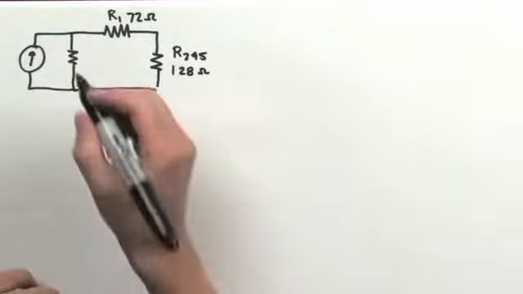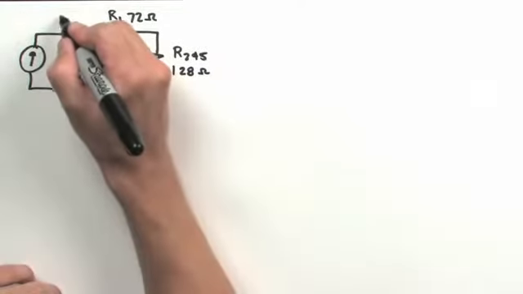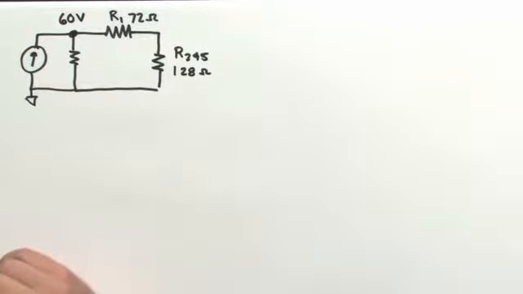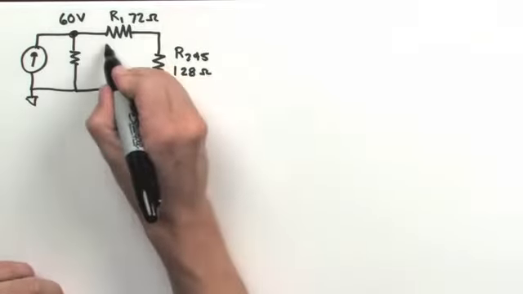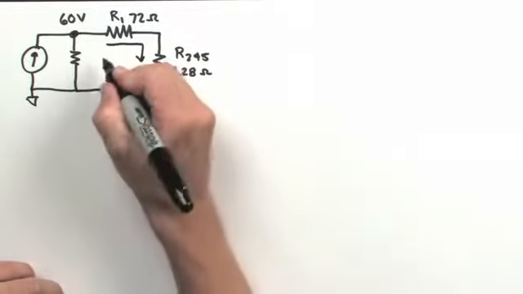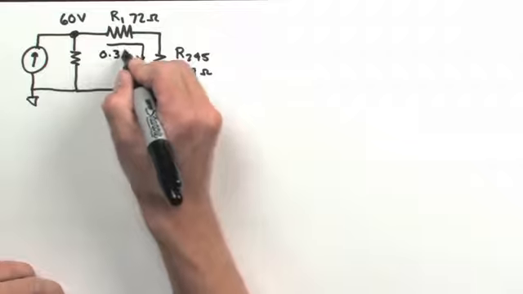From my previous calculation, I know that at this node we have 60 volts worth of potential relative to ground, or relative to some zero voltage reference right here. And I know that through this path there must be 0.3 amps worth of current.